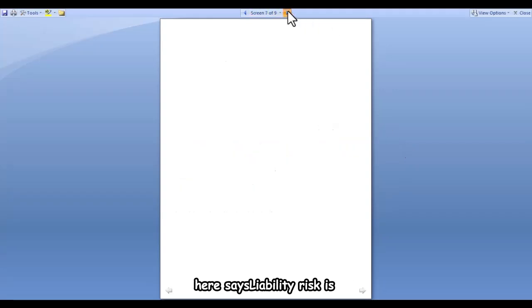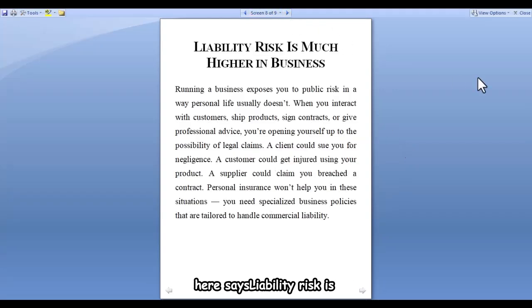The next page here says liability risk is much higher in business. Running a business exposes you to public risk in a way personal life usually doesn't. When you interact with customers, ship products, sign contracts, or give professional advice, you are opening yourself up to the possibility of a legal claim.